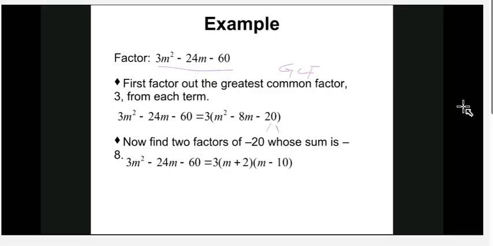Since this number is negative, b is also negative, so I'm going to have one positive, one negative in here. Chances are I'm going to need the big number to be negative, the smaller number positive, so when you add up together it will be negative. So if you think of 10 and 2, 2 times negative 10, you got negative 20. 2 plus negative 10, you got negative 8. So we're going to have m plus 2, m minus 10 for the factors. And don't forget, you have to carry over the GCF down in here.